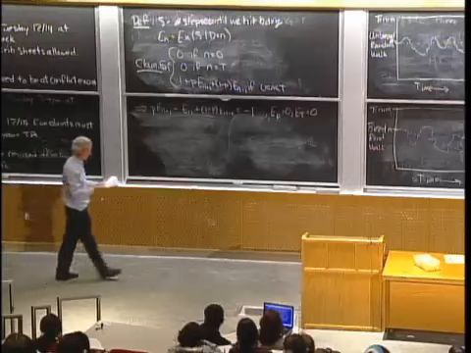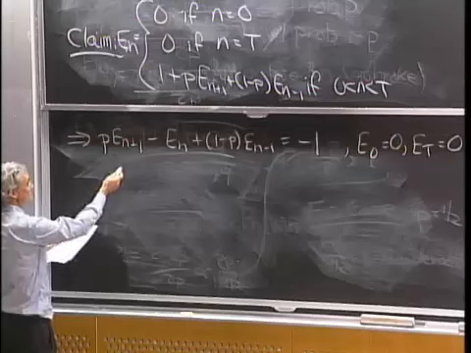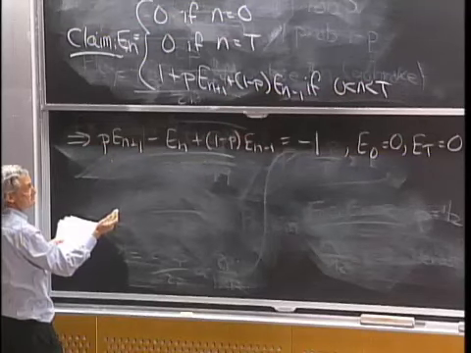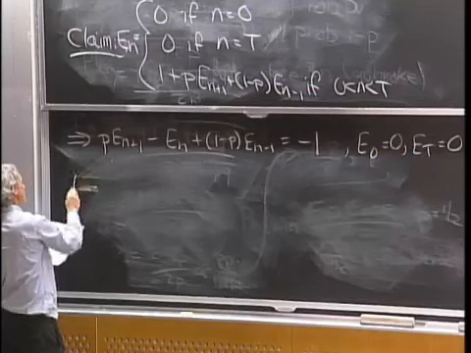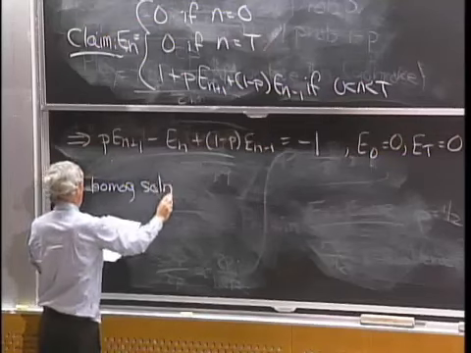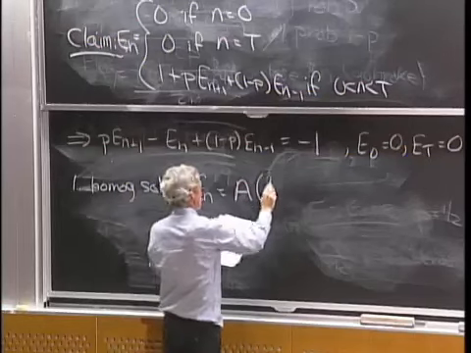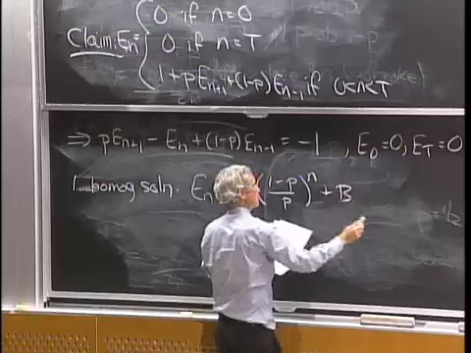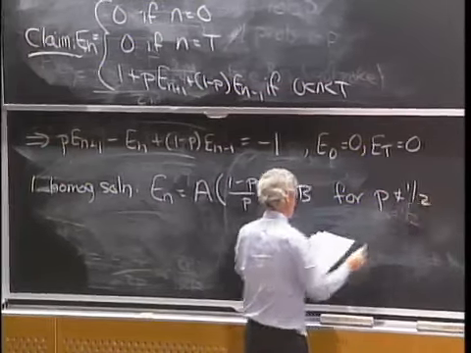Solve the homogeneous one. And the answer there is the same as before. This is the part we analyzed. And we'll do it for the case when p is not a half, so the unfair game. So the homogeneous solution is E(n) just from before, same thing: a times ((1 minus p) over p) to the n plus b. And this is the case with two roots. P does not equal a half.